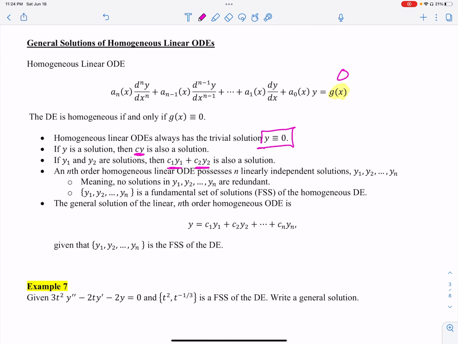If my solutions, like y sub 1 and y sub 2, are linearly independent, then we gain a little bit more information, and that's where we're headed. Now, what does it mean to be linearly independent? It means that you are not a multiple of the other. That's all it's saying.